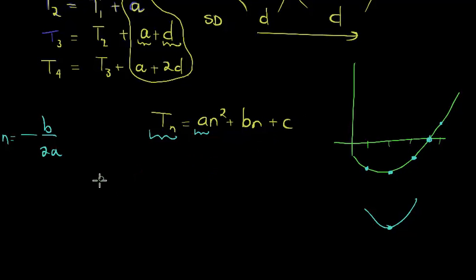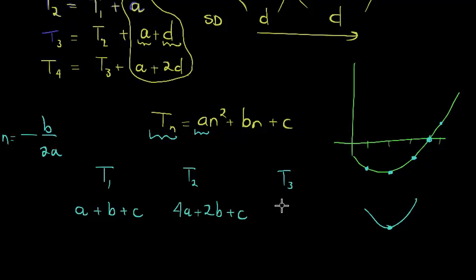What I do want to show you is that T1 is equal to a plus b plus c. Term 2, when I put a 2 in here, this is 2 squared, that's 4, so 4a plus 2b plus c.